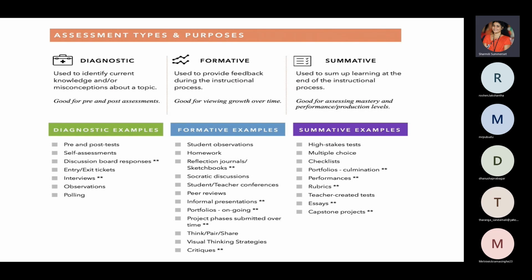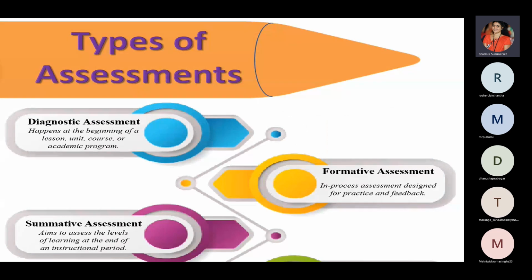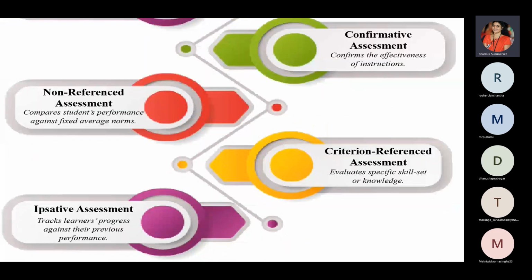Other than that, you have other types as well. Here, confirmative assessment means confirming how effective the assessment is, whether the information collected is effective or not. Non-referenced assessment compares the student's performance against a fixed average.